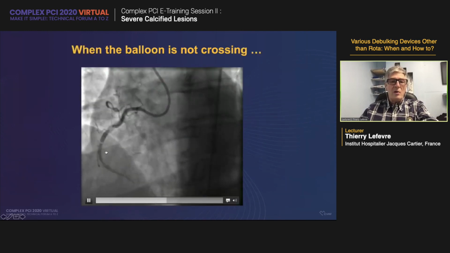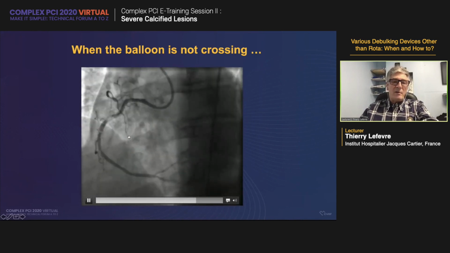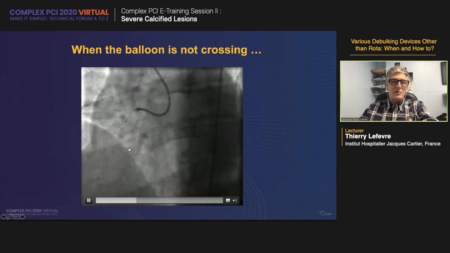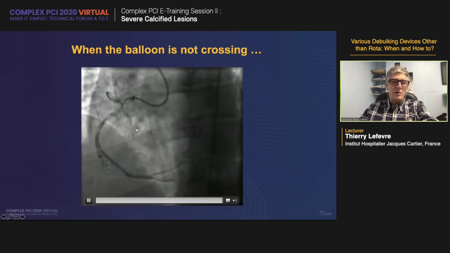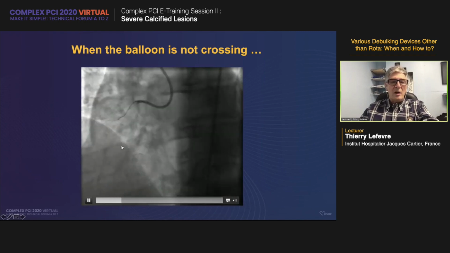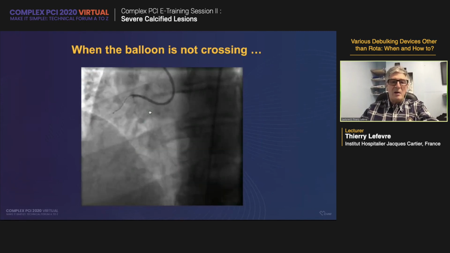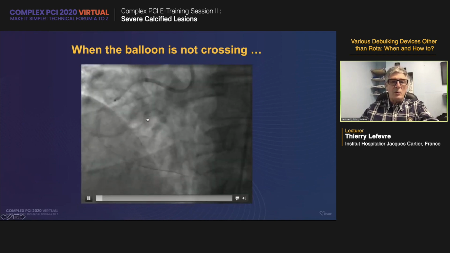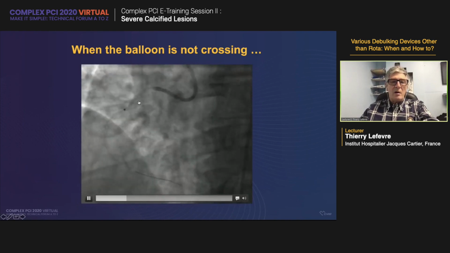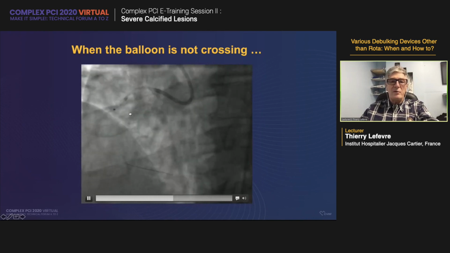This is a non-crossable lesion, which looks not highly calcified. It's quite a CTO lesion with probable recanalization. And you see that we have a good support with an Amplatz. We are not able to cross, so we use an extension catheter, and Dr. Hahn will talk about that after me.